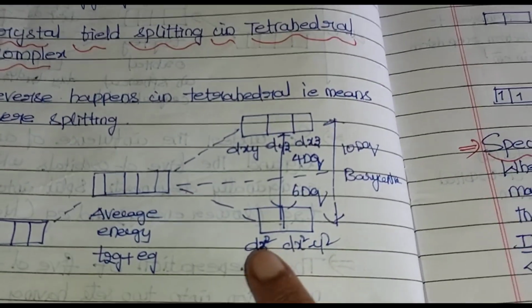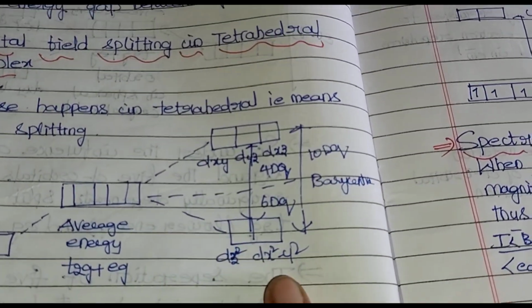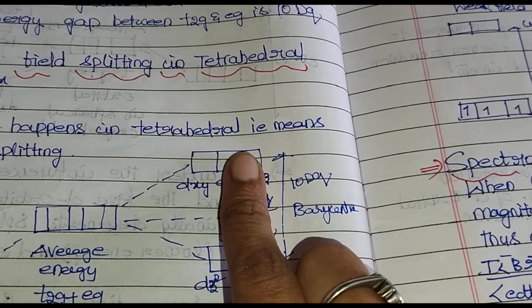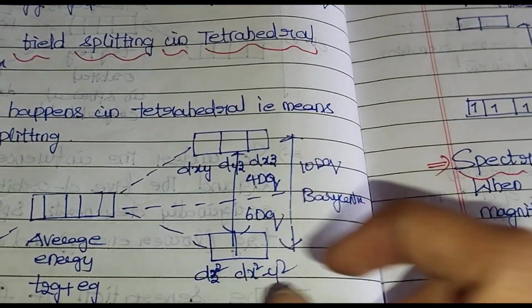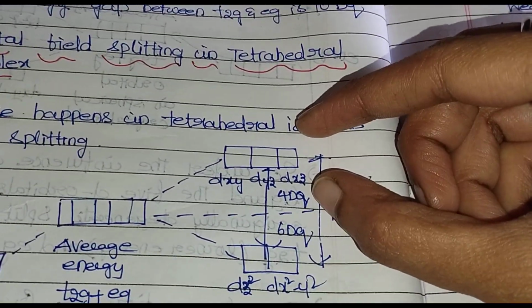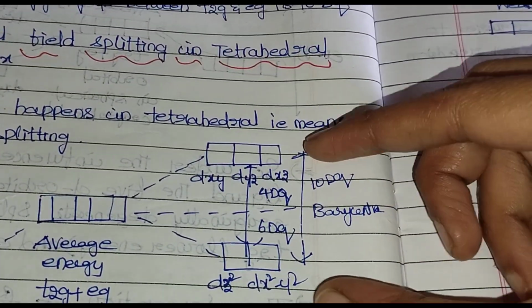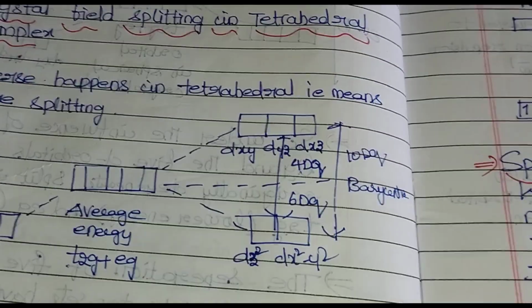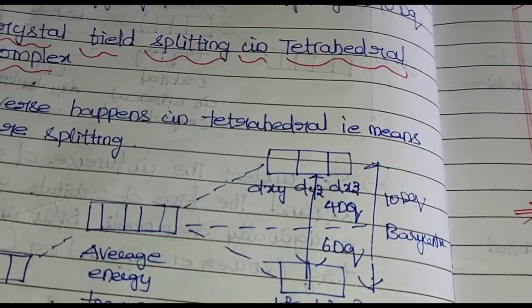The reverse of this is here: lower will be dz square, dx square minus y square, and higher will be dxy, dyz, dzx. This will be 6 Dq and this will be 4 Dq, total 10 Dq, and this is the barycenter. Same as before, but reverse splitting takes place.